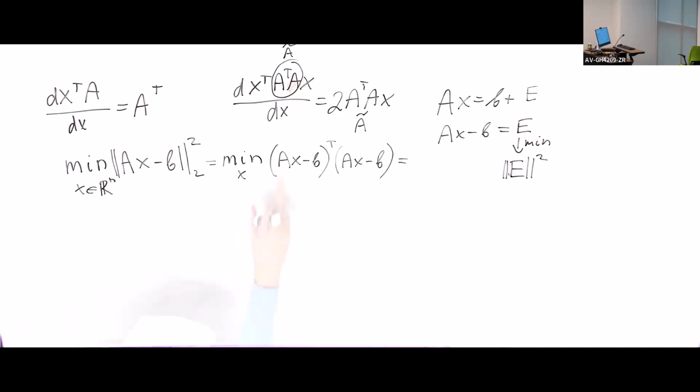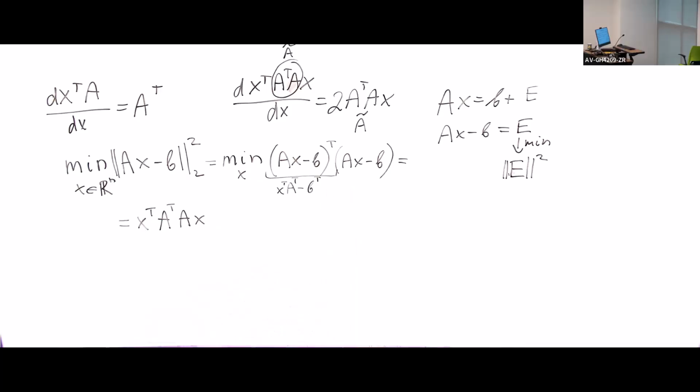(Ax) transpose will be x transpose A transpose, times Ax. This is the first element times the first element. I'm doing the transpose of the difference. Let me write it: this will be (Ax) transpose minus b transpose, which is x transpose A transpose minus b transpose. Okay, this is that thing together with the transposes.